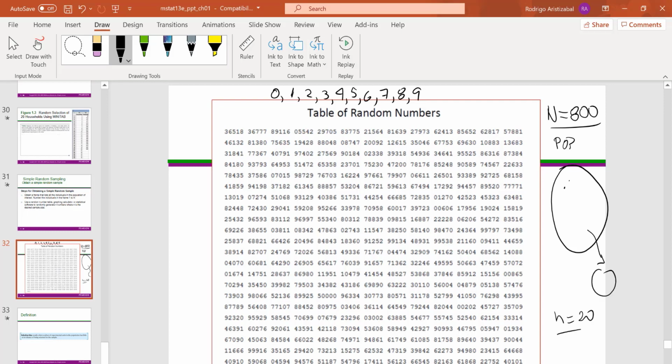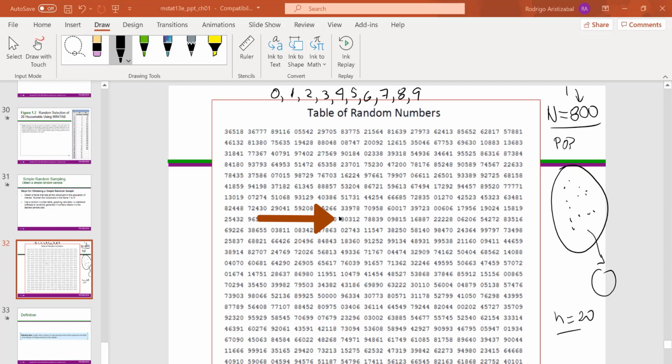We are going to name each item of this population with one number between 1 and 800, and after that we are going to start at any point in this table or any page of this table generated by the computer. For example, we can start here at this point, and that is the seed that we were talking about at the beginning, the digit number 12,000 or the column number 12,000, whatever.